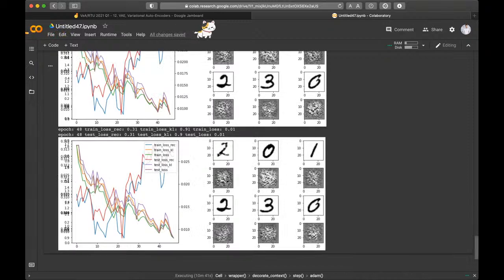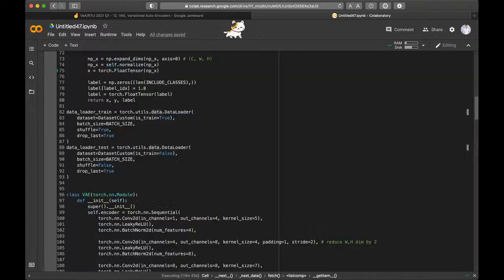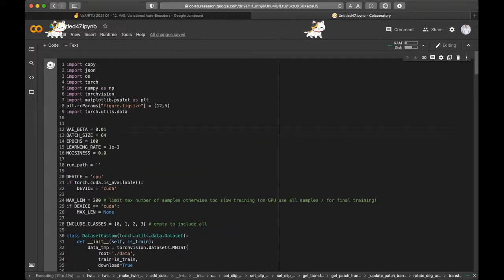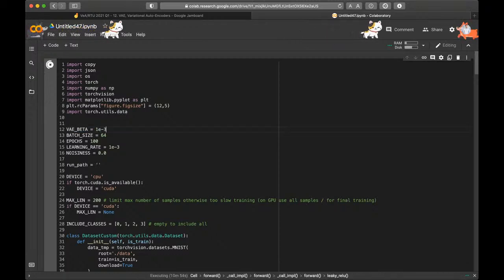First of all, increase the epochs, let's say 300 or 500 epochs. Then for the beta, try 1e-3, for example. Then you can also play around with the learning rate.